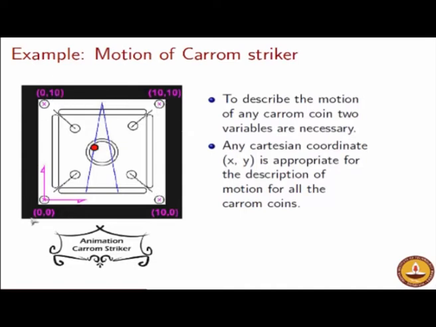So for a 10 inch by 10 inch carom board, we have elucidated an example where the origin is selected here, and with this as the origin we are trying to find out x as a function of time and y as a function of time of this red coin, and that will serve as a kinematic description, or what we keep calling motion characteristics. And we will show you how to get the velocity and accelerations once x against t and y against t are both determined.